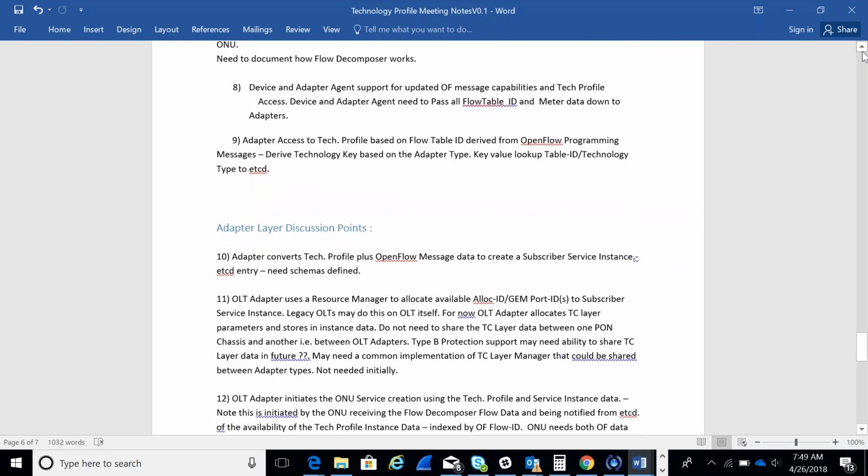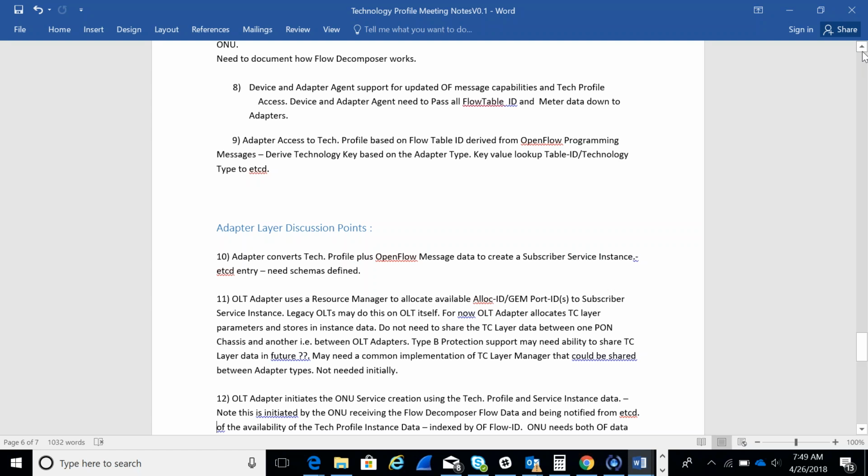Point 9 was adapter access to technology profile based on flow ID derived from OpenFlow programming messages. So derived technology key based on adapter type, key value, lookup, table ID technology type to etcd. So that's basically saying that we need to be able to access the flow table ID in the database based on the flow table ID and technology type.